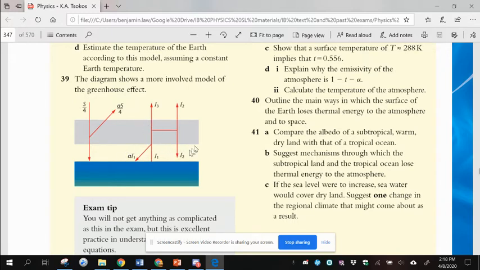That will be scattered into 3 radiations in this model. The energy received by the atmosphere, which is 1 minus alpha, times I1, will scatter into 3 radiations: I3, I2, and I2. This I2 goes to outer space, and this I2 goes back to the surface.